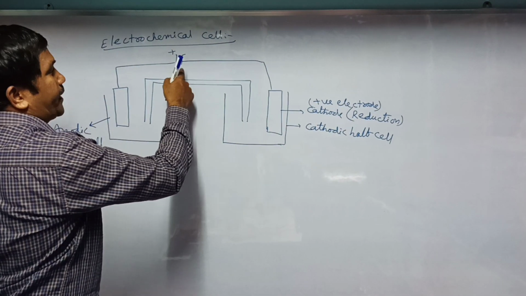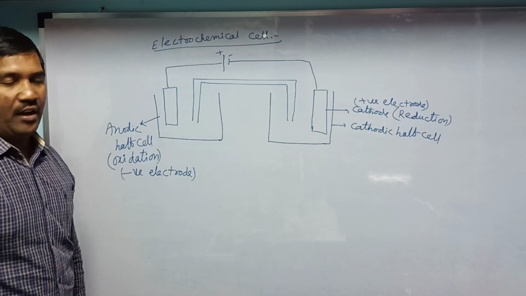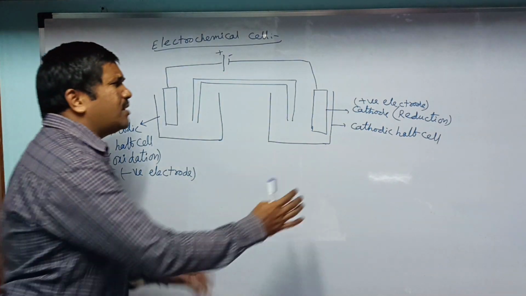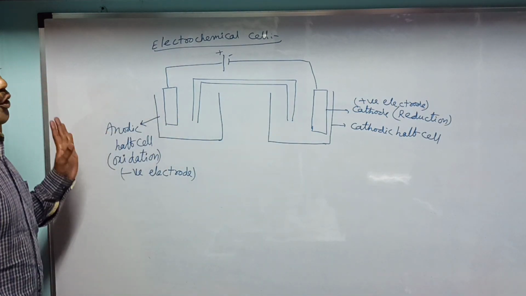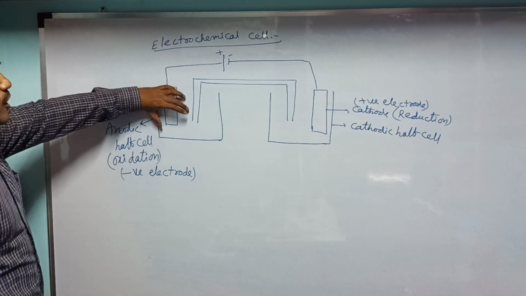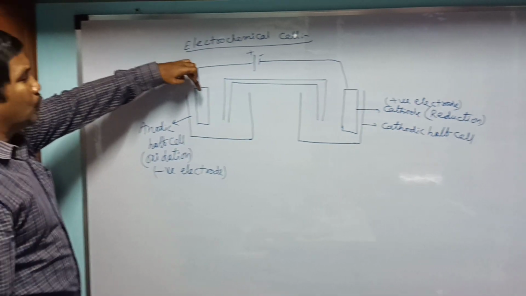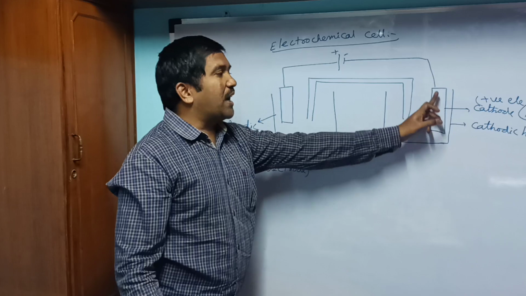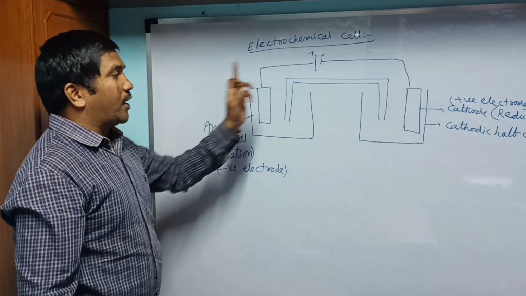This cathode is connected to the negative terminal of the battery. Why is this cathode the positive electrode and the anode the negative electrode? Because on electrolysis, negative ions approach the anode, and positive ions approach the cathode.